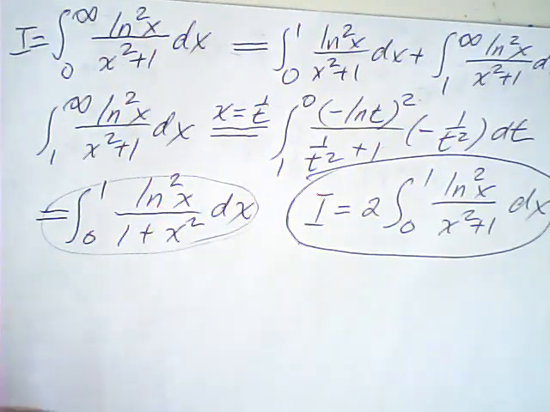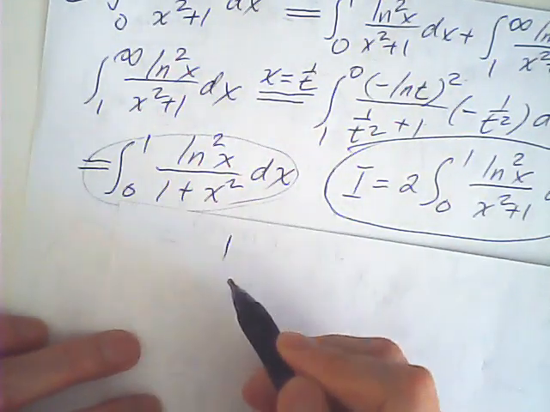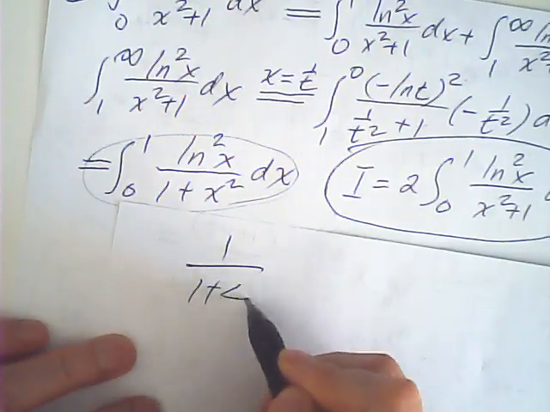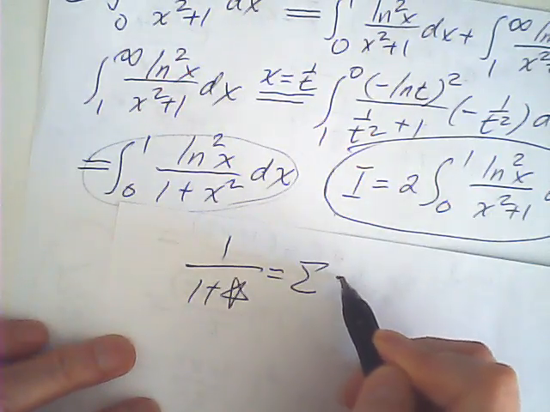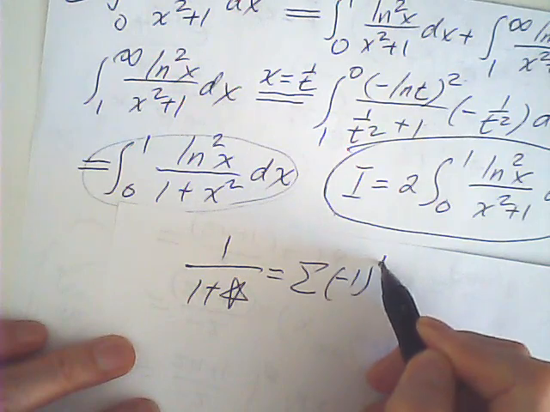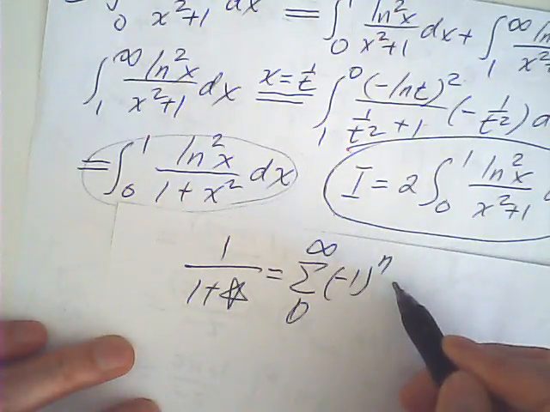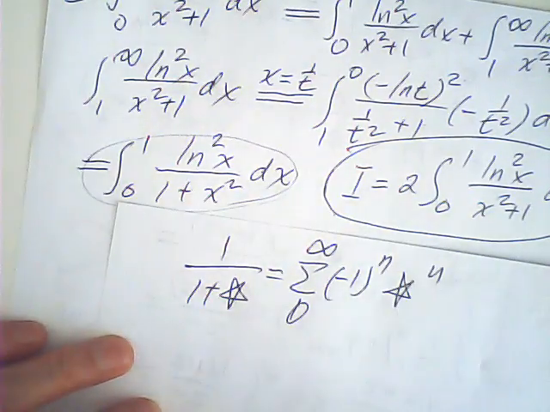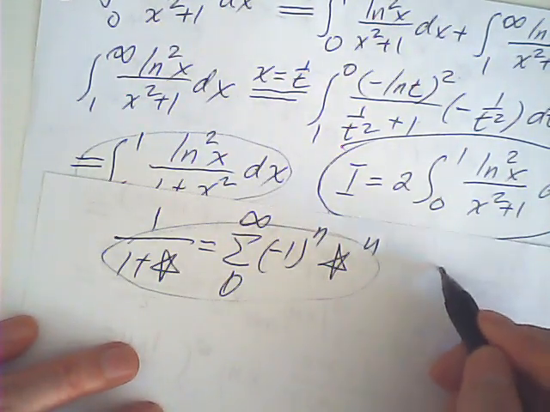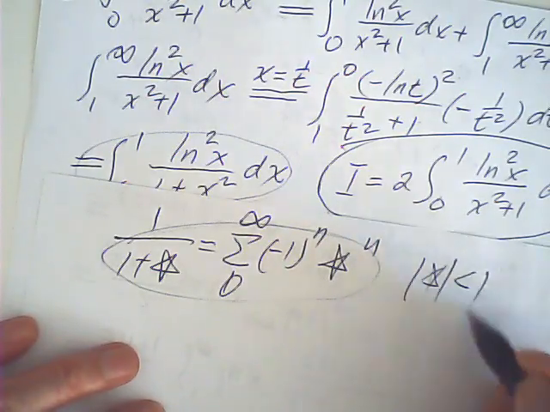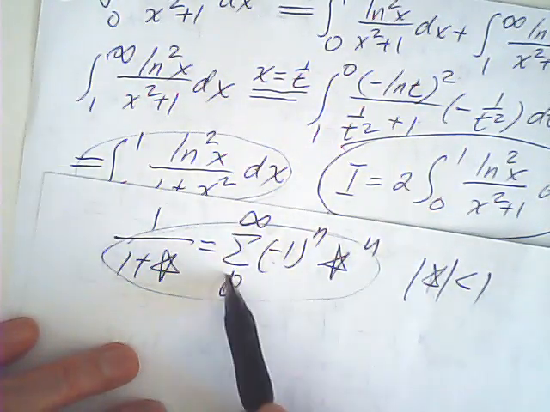Okay, now we have a power series, 1 over 1 plus something, which is equal to sigma, negative 1 to the power of n, from 0 to infinity, of that something to the n. Right, that is the power series, provided that the absolute value of the something must be less than 1, to guarantee this series converges.